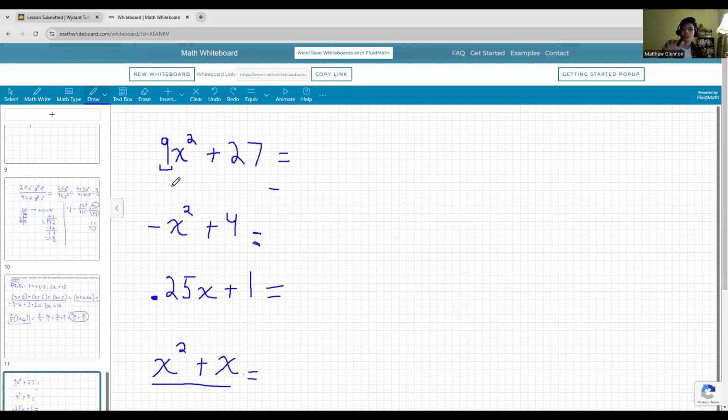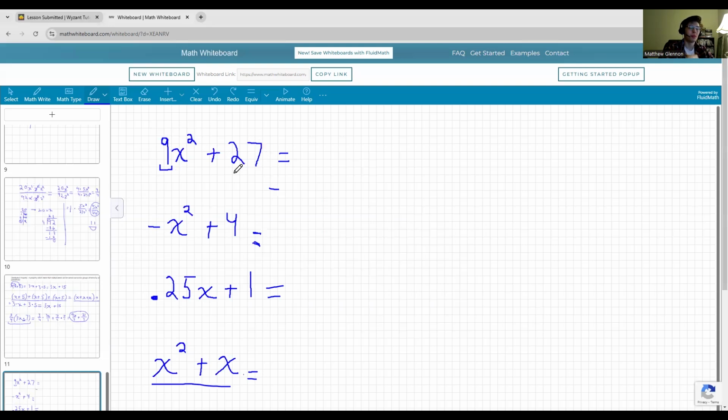But there's two general rules of thumb to tell if something's simplified. The first is if we have something like this, 9x squared plus 27, we would want the coefficient, or the number being multiplied by the highest power of x, to be equal to 1. So we would want this to be 1x squared plus something.